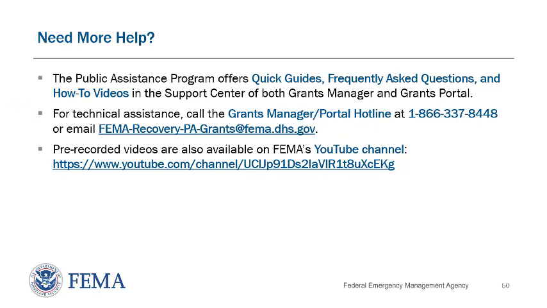Programmatic or policy-related issues are best directed to your disaster leadership or to the Program Delivery Change Control Toolbox on SharePoint. Finally, FEMA's YouTube channel for Grants Manager and Grants Portal features a whole host of pre-recorded videos on a variety of related topics. These are available on demand to suit your schedule.